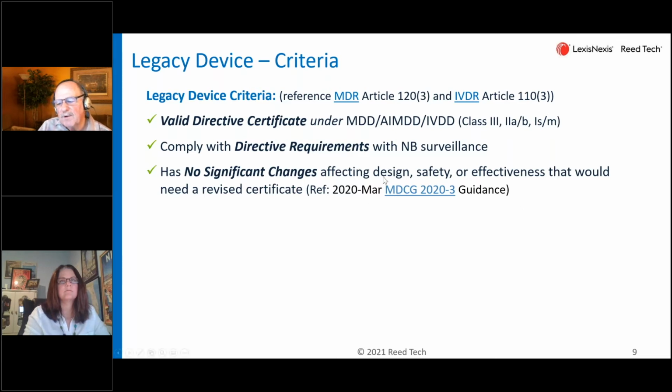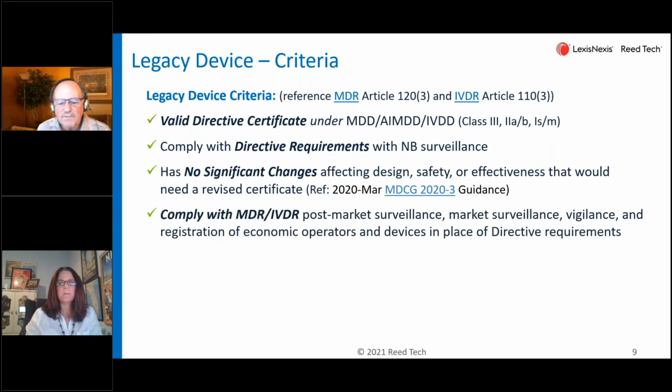So there was a medical device guidance document that recently came, well, about a year ago now, 2020-3, and this is about, I don't know, 12, 14 pages of a flow diagram that talks about the details of what a significant change is. And if it falls into that category, then, you know, obviously you no longer qualify, and you have to take that device and meet the MDR or IVDR. So that's a very good document to follow with.